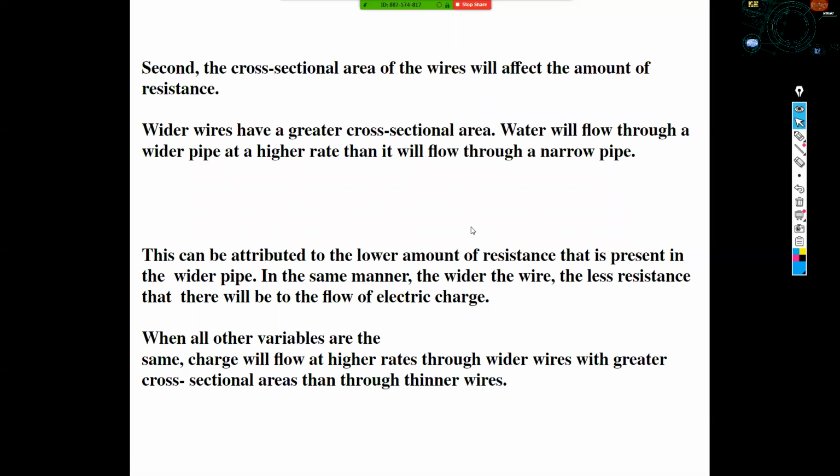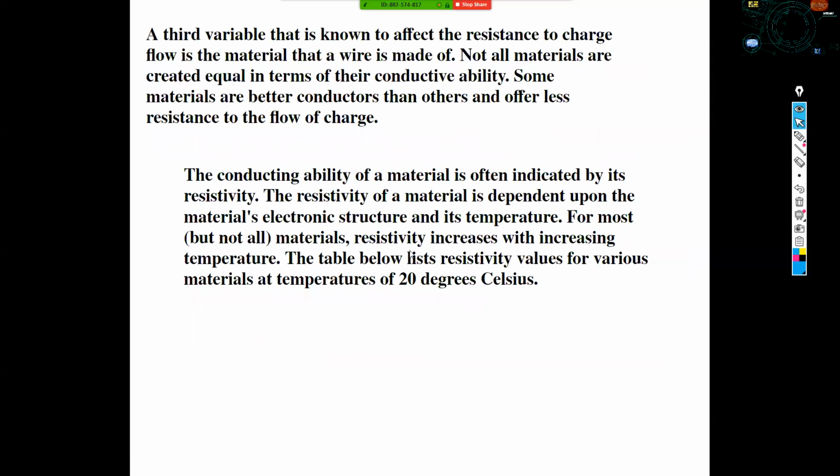The other is going to be the diameter, the cross sectional area. If you have a big, wide open wire, a large diameter, it's going to have more area to move without collisions. Just like a fire hose versus a garden hose, same principle there. The third is the material.